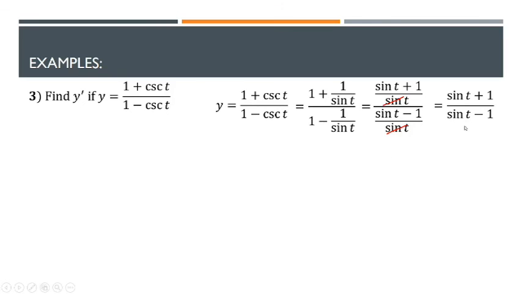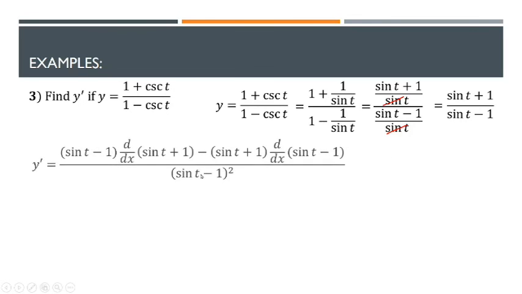Now we can find the derivative of this function. So y prime is, using the quotient rule, we have sine t minus 1 times the derivative of the numerator, sine t plus 1, minus numerator sine t plus 1 times the derivative of the denominator, sine t minus 1, over the square of sine t minus 1.